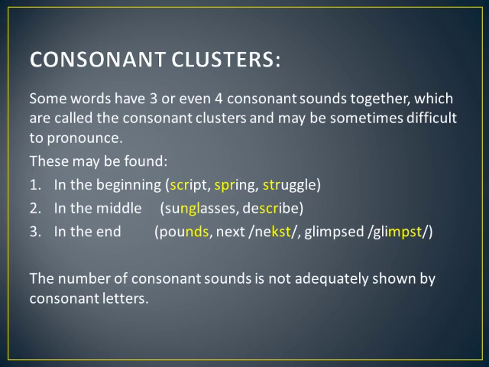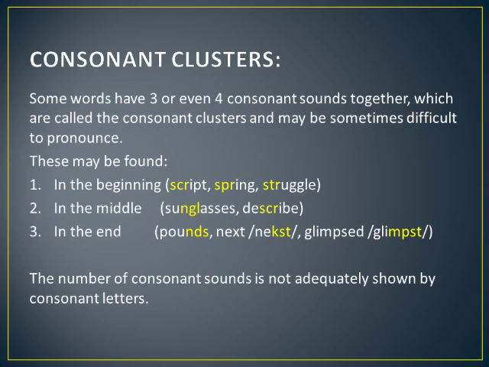But the point which I am keen to mention here is that whenever the consonant clusters come in the end, it is necessary to note that we are talking about the consonant sounds. We are not talking about the letters. For example, the first example is clear: pounds has a consonant cluster consisting of 3 consonants.